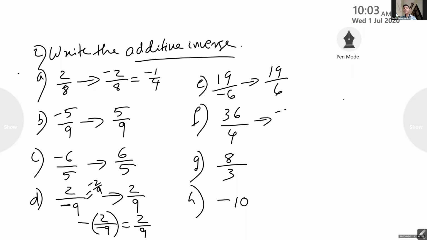Negative 36 by 4, or we can write it as negative 9 by 1. 36 by 4 is 9. Now, Albert, next answer is? Negative 8 by 3. Nivedya Rose, next one.